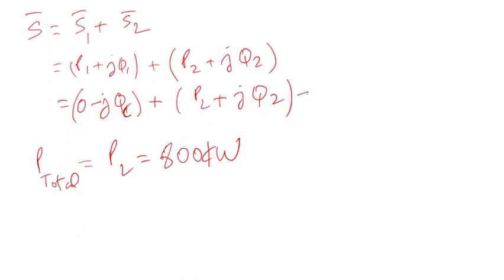Actually, I can rewrite this as P2 plus, because P2 plus 0 is just P2 plus j times Q2 minus QC. So again, using the power triangle, for the motor load, P is 800 kilowatts.